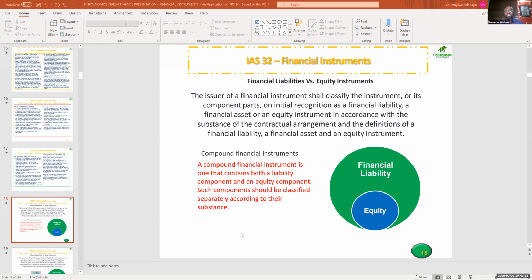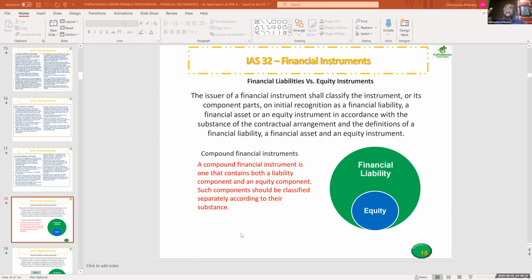But the question then is, for the one that has a fixed, determined conversion rate, which has now been classified as a compound instrument, what we now require to do is split that contract into two elements. Though it's a single contract, it has two elements embedded: a financial liability component and an equity component.